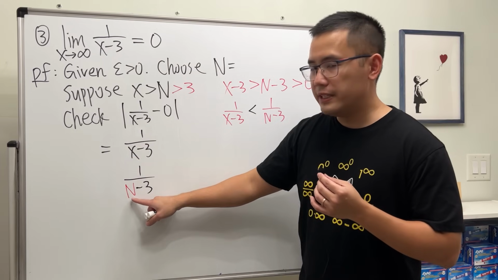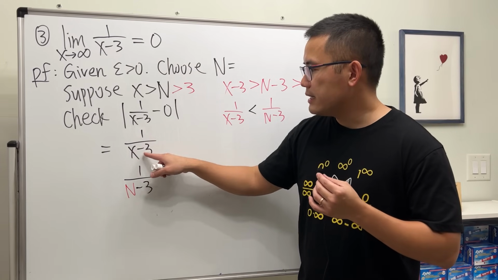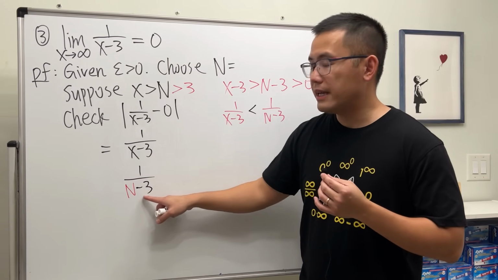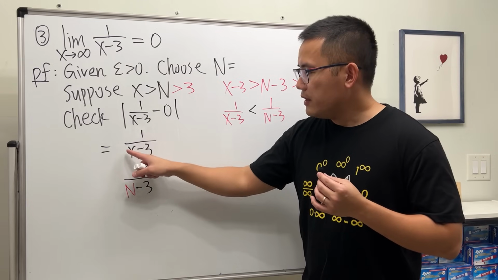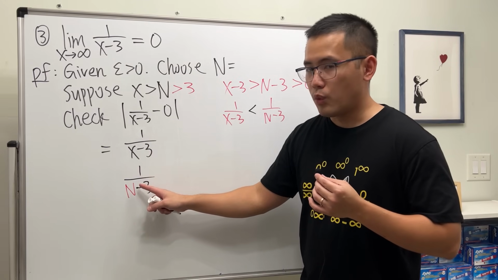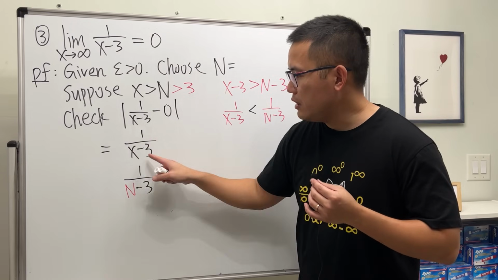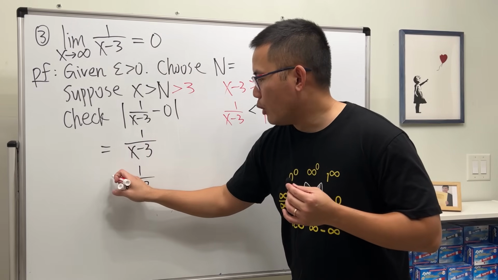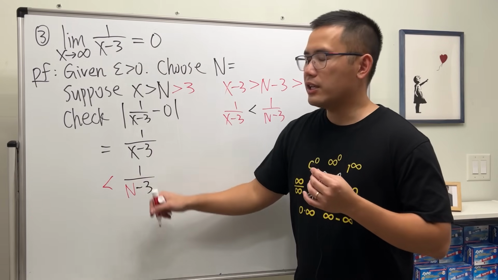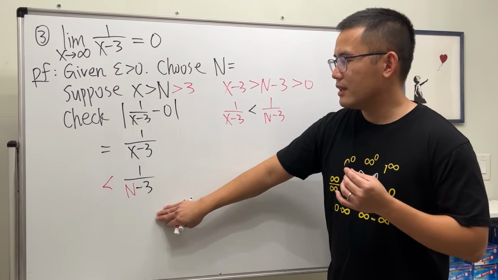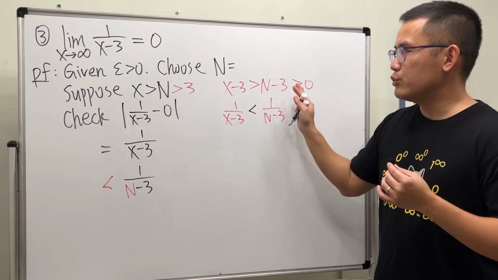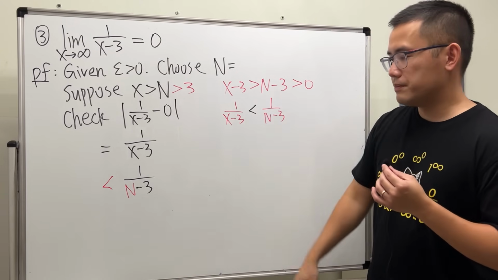Because x is bigger than n, that means x minus 3 is bigger than n minus 3. If the denominator is bigger than the other one, and they have the same numerator, then the whole fraction here is going to be smaller than this fraction. So that's okay. Right? So you don't really have to write this down, but of course it helps.